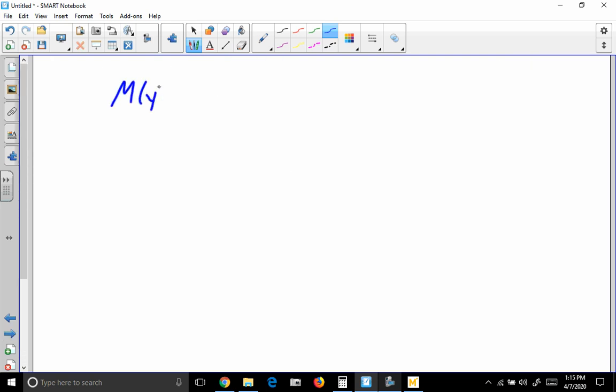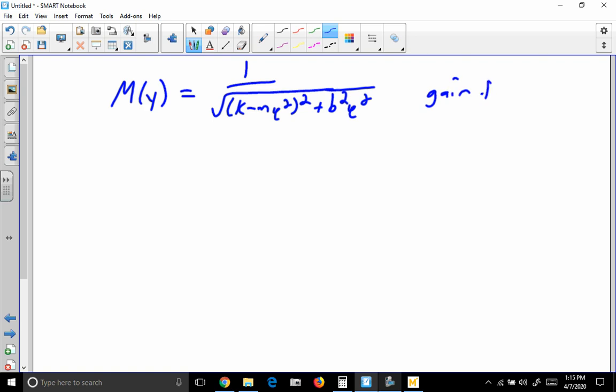So our gain factor, 1 over the square root of (k minus m gamma squared) squared plus b squared gamma squared. Again, we call that our gain factor.